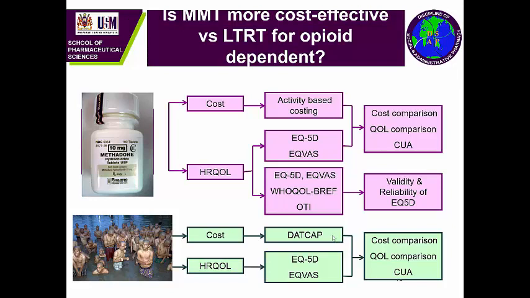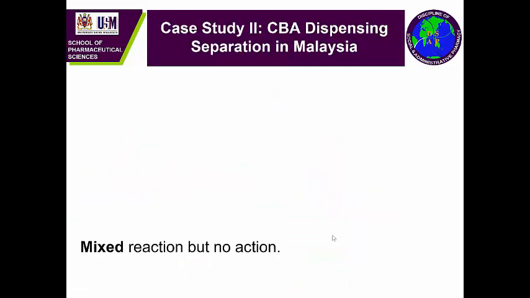We looked at whether methadone is more cost-effective compared to Serenity for opioid-dependent patients in Malaysia. We found that yes, methadone is more cost-effective, because Serenity requires a lot of capital investment, and there are also a lot of relapse cases among patients receiving Serenity.